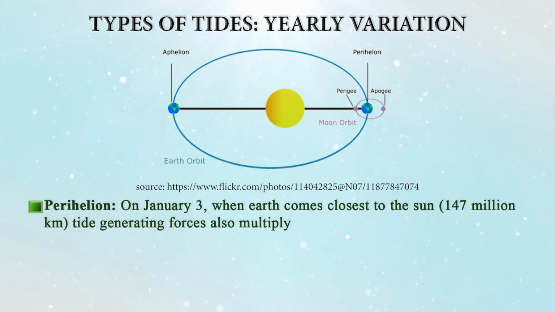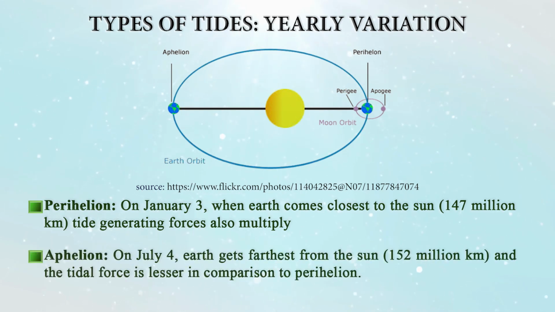So at one point the earth comes closest to the sun, which is about 147 million kilometers, and this point is called perihelion, and it happens on January 3. At one point the earth is farthest from the sun, which happens on July 4, and the position is called the aphelion.